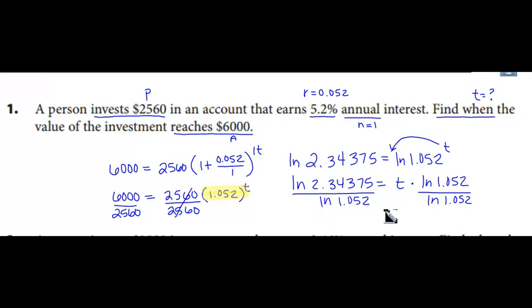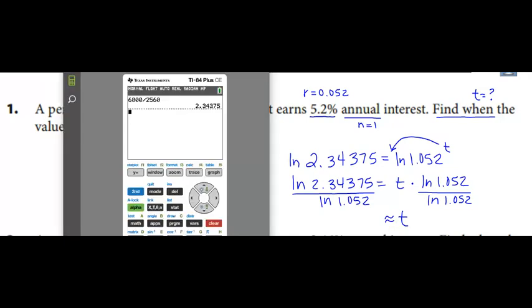Since the problem does not tell us what to round to, I'm just going to have you round to the nearest tenth. The key thing to remember, if we're solving for t, it is the time period in terms of years, so make sure that you put the appropriate label on your answer. Let's go ahead and enter these logarithms into our calculator.